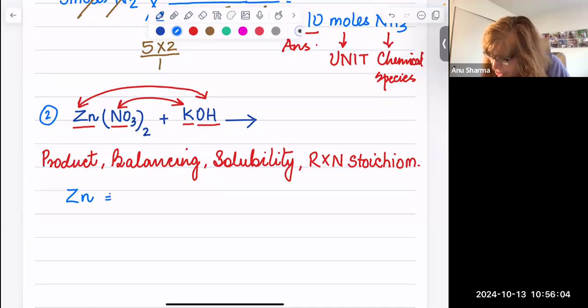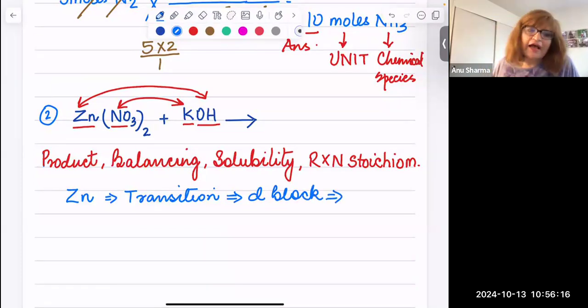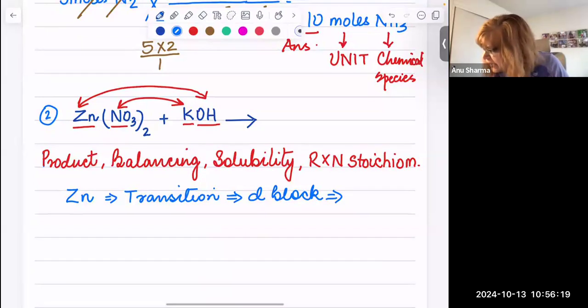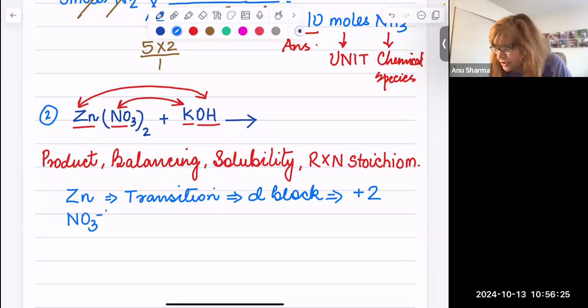So zinc is a transition element, and it belongs to the D block, right? It does not have a variable charge, but it will have +2 charge by default. Nitrate is a polyatomic ion with -1 charge.